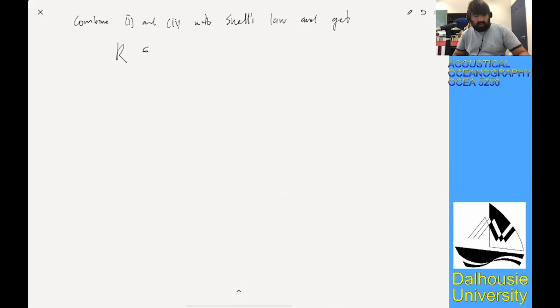So we had R. It turns into M cos 1 minus N cos 2, all over M cos 1 plus N cos 2. And we can simplify that even further, so it's all in terms of theta 1.